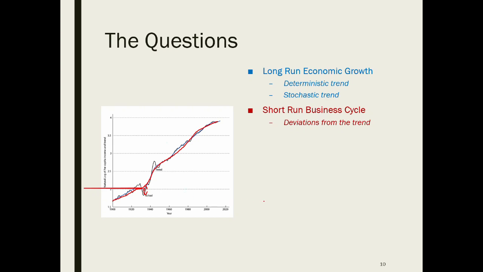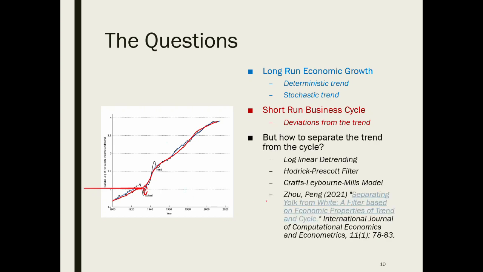An obvious challenge of the two macroeconomic issues is how can we separate the trend from deviations in the first place? There are several popular ways to filter out the cycles from the trend, or indeed filter out the high-frequency changes from the low-frequency changes.